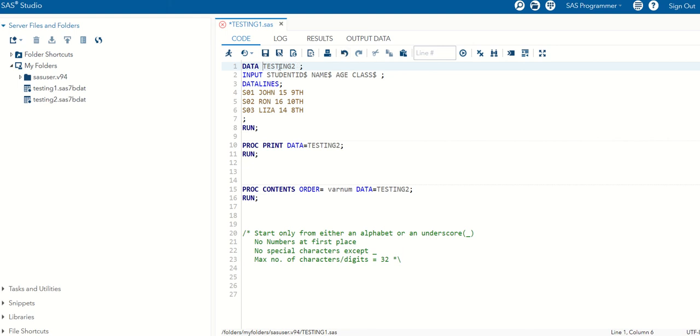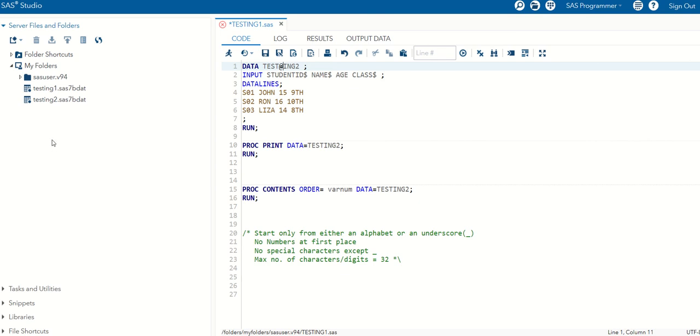So any other special character I cannot put anywhere in the name. Again, for numbers, the rule was it cannot be used at the first place. But for special characters, we cannot use them at all, apart from, of course, the underscore.